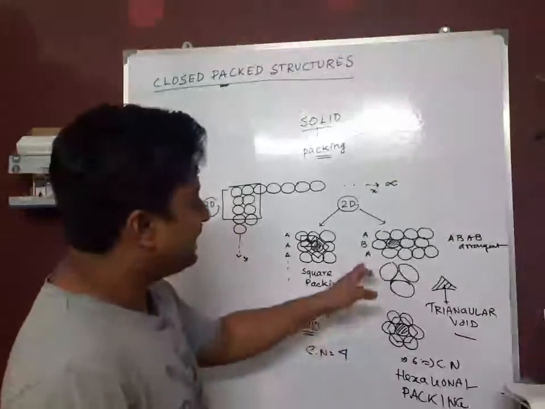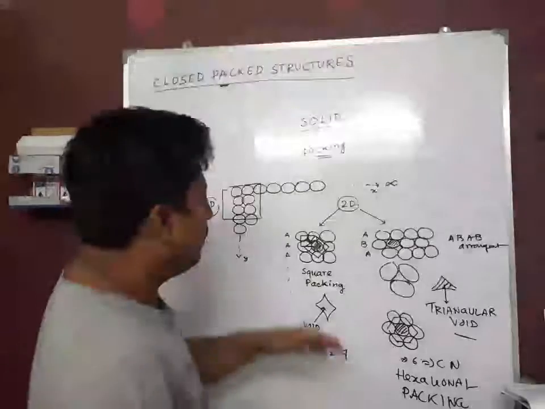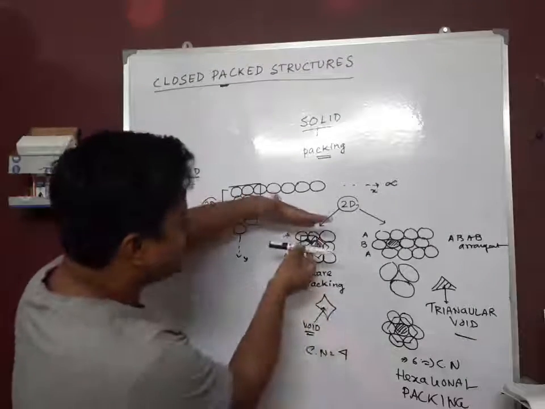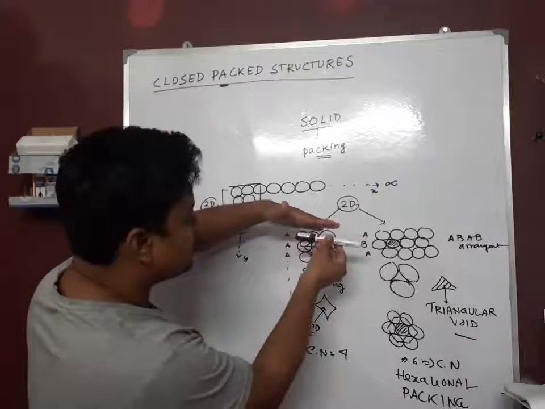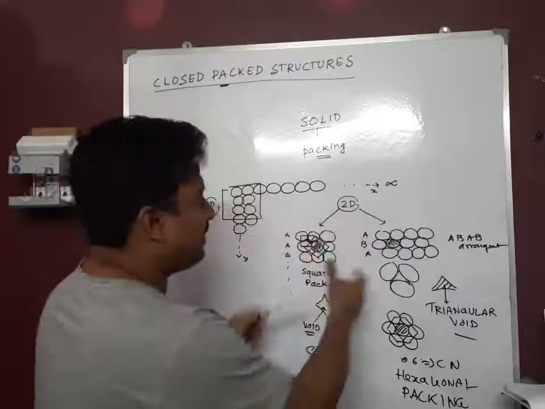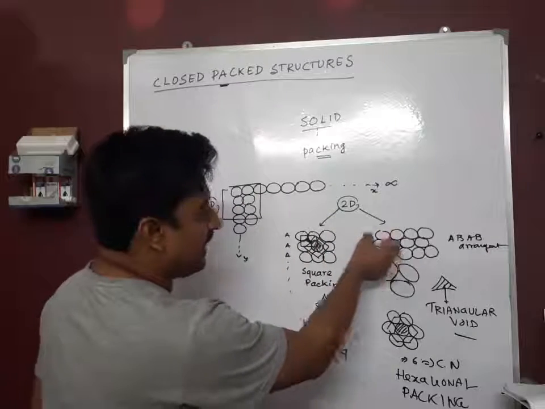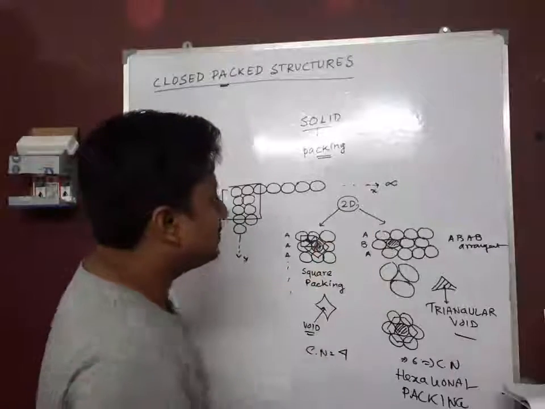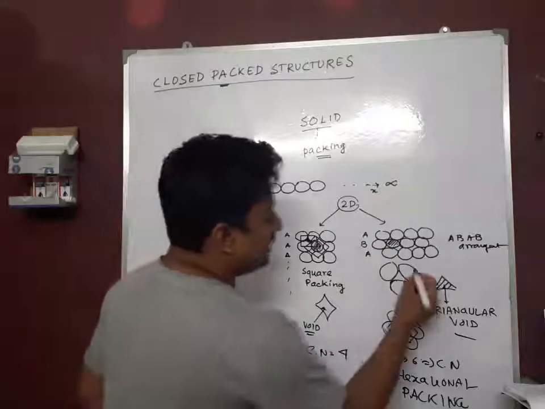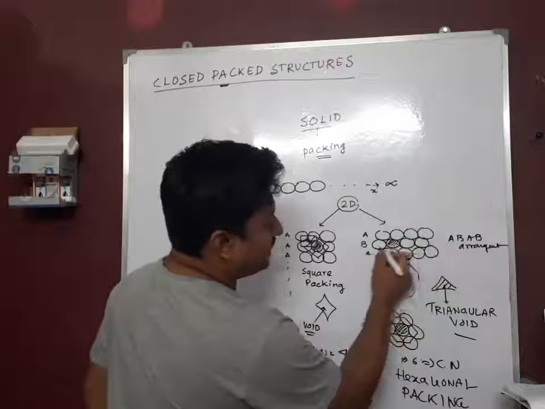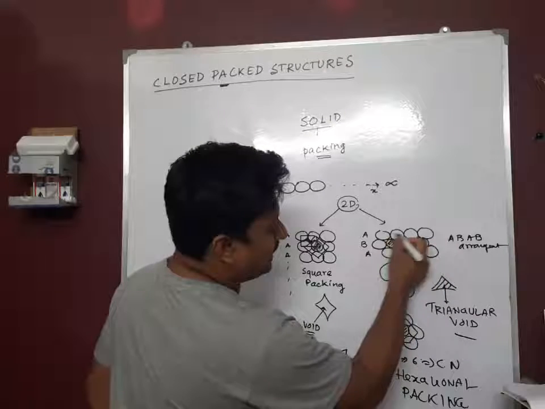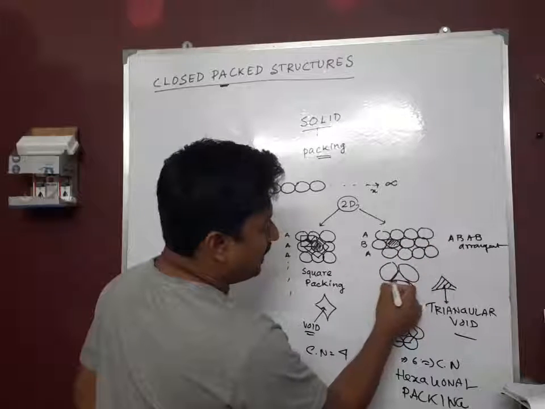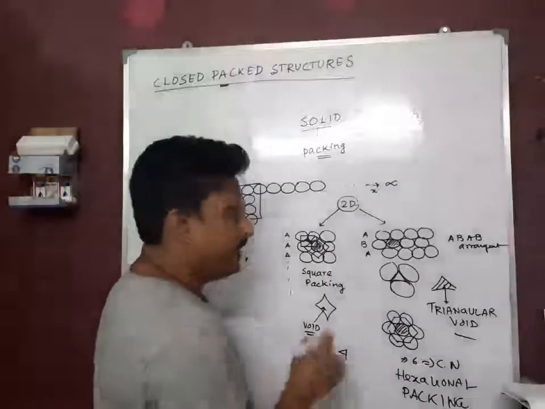But in another case of two-dimensional packing, you can think that these two layers have just shifted by a small amount, so it makes an AB kind of arrangement. If you see very closely here, the upper layer and the lower layer form a triangular void.